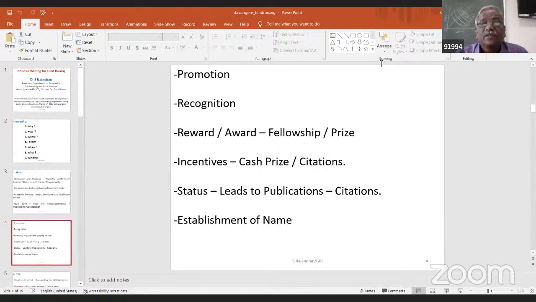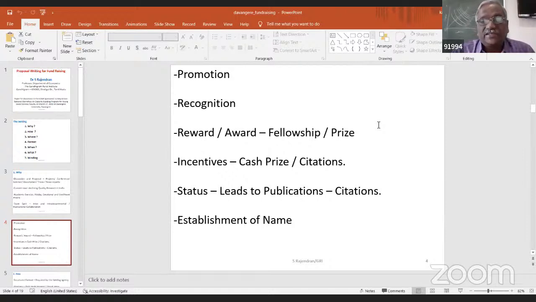And also, the research output takes you to rewards and awards, in addition to fellowships and prizes for your outstanding contribution on a seminal work that you bring out from your research projects.